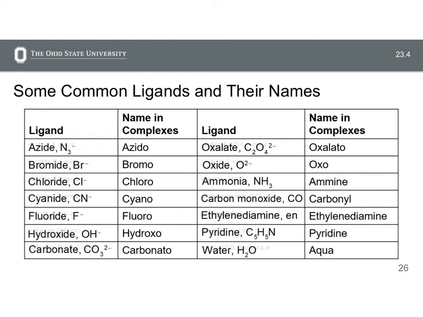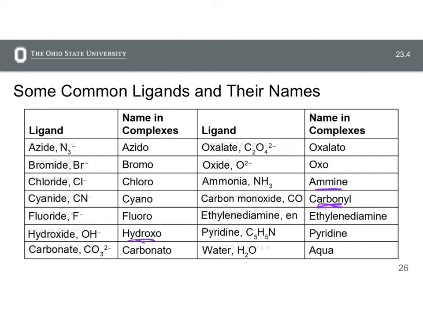So, for instance, water, we don't call it water, we call it aqua. Ammonia is amine with 2 M's. Carbon monoxide is carbonyl. Some of these you'll see again if you're taking organic chemistry. Hydroxide, hydroxo.